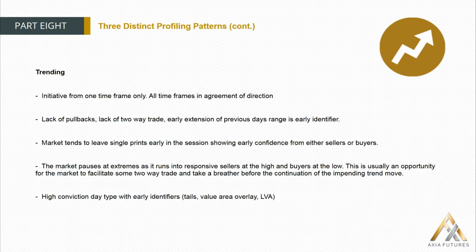Some of those identifiers can include tails, volume value areas that have very little overlap, as well as low volume areas, single prints, and other strong control variables. So make sure you understand those strong control variables, as those will be quite evident early on within a trend day. Let's now turn our attention to the second of the profiling patterns.